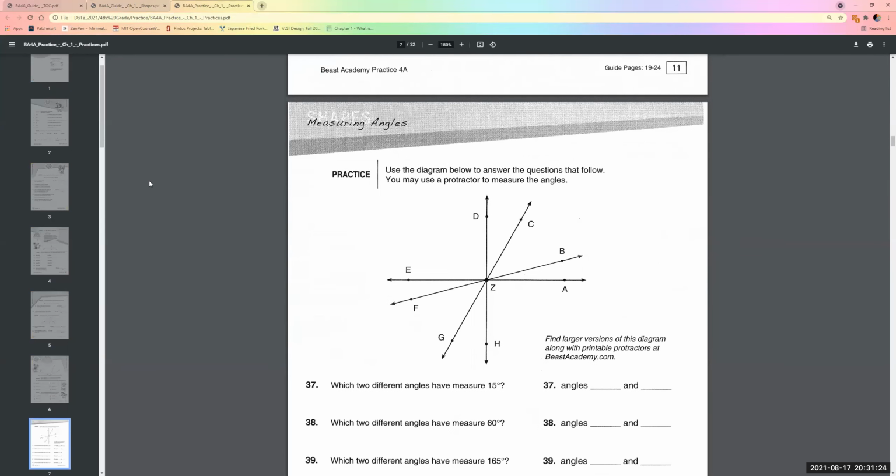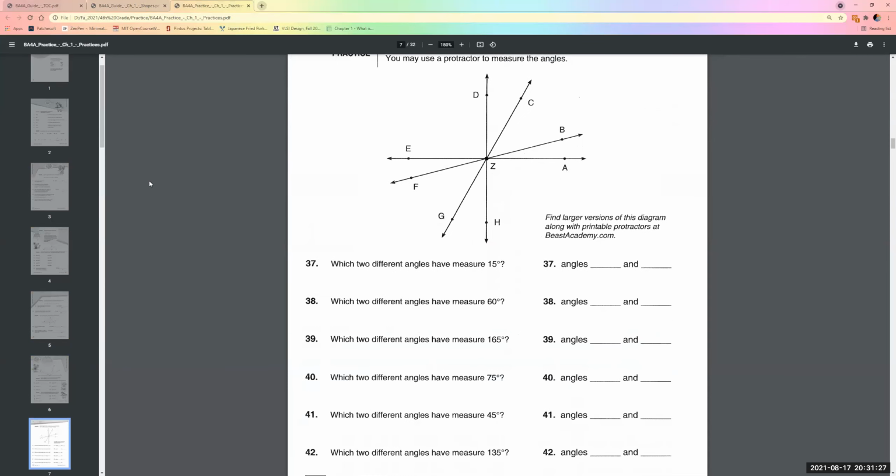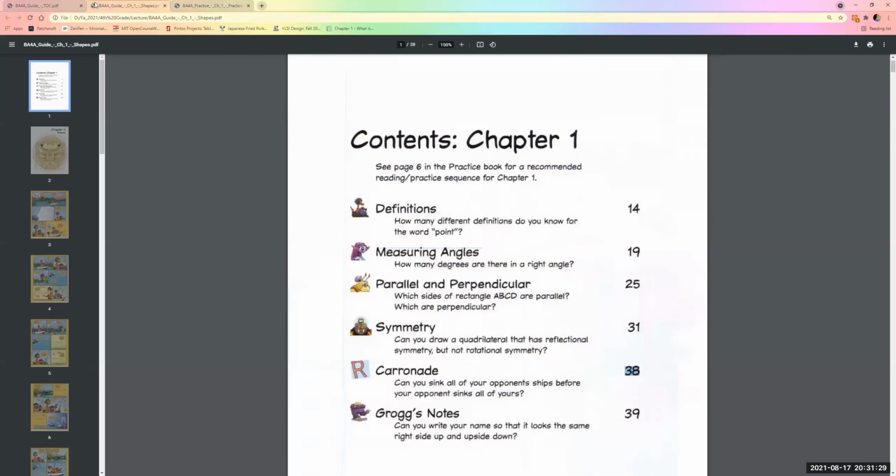I'll try to spend most of my time next week just going through the practice problems from up to these pages, because I think that would be probably a better use of my time and your time rather than me just reading and you just reading. So does that sound good? So if you do practice problems, if you want to, you'll be able to hopefully easily answer the ones when we go through them next week.